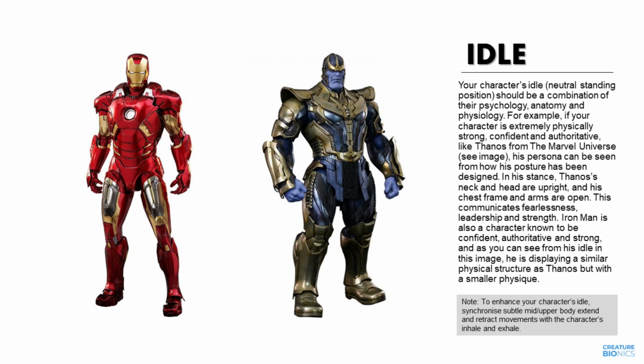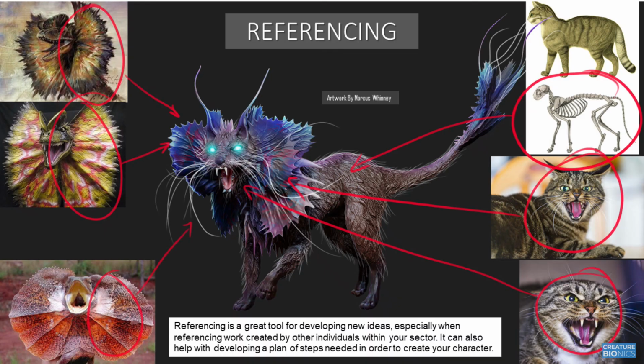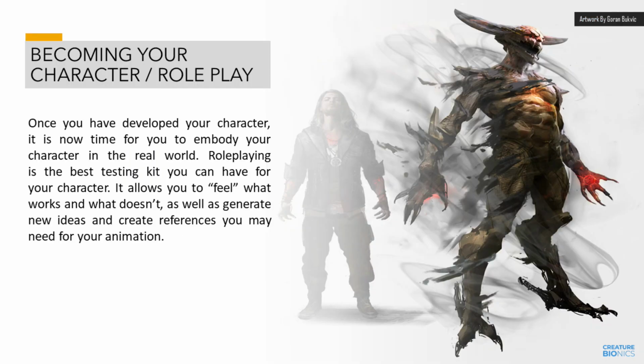You can design the physicality first and then go to developing the backstory and psychology, or you can do it the other way around. Of course, use referencing to help you get the work that you need to do. Most importantly, apply your creativity, because that is the ultimate key. And last but not least, become your creature, become your character.